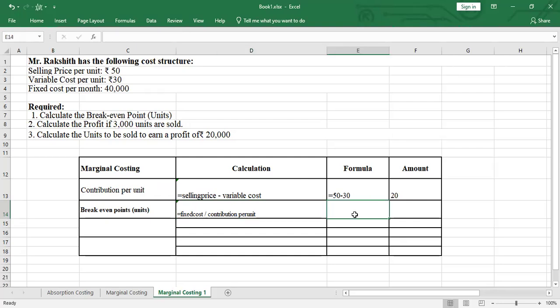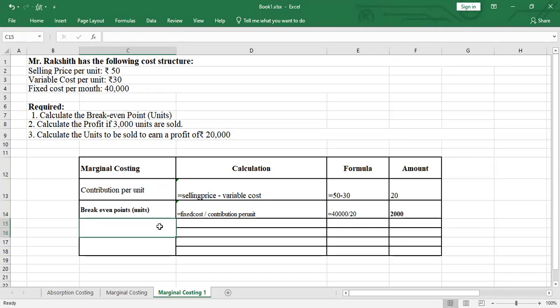Now, fixed cost they have given in the question, that is 40,000 rupees, divided by contribution per unit, which we have ascertained, that is 20. 40,000 divided by 20, the answer will be 2,000.